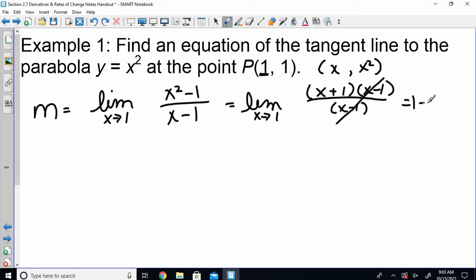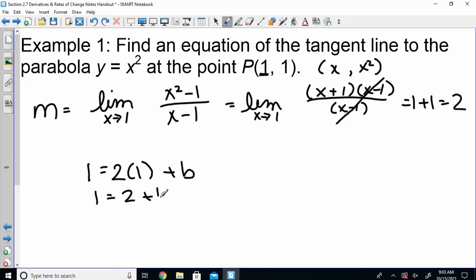We get 1 plus 1, which is 2. So our slope is 2. Now we have a point and a slope, so we can write our equation. y equals mx plus b. So our y-intercept is negative 1. So y equals 2x minus 1. That is the tangent line.